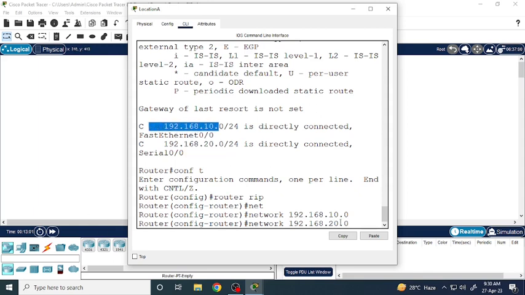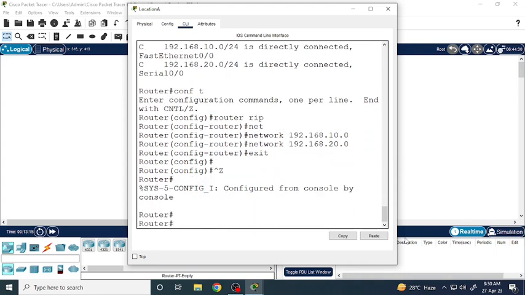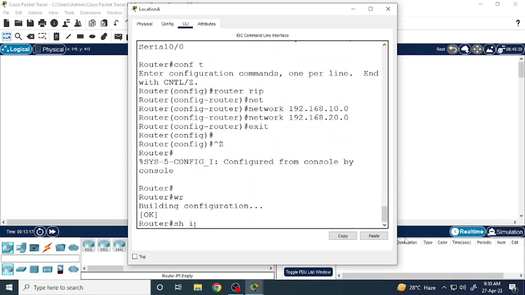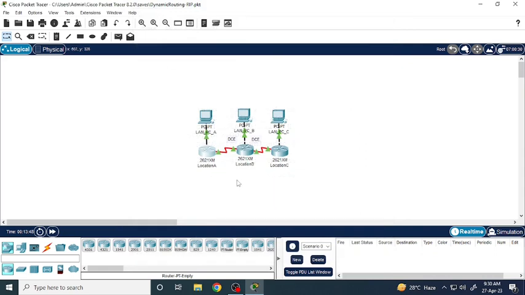These are the two networks that we have on this router, the location A router. So we just advertise these. Let's exit, and write show ip route. There won't be any change because right now only the location A router is using RIP and no other router is using any protocol, so there won't be any exchange.